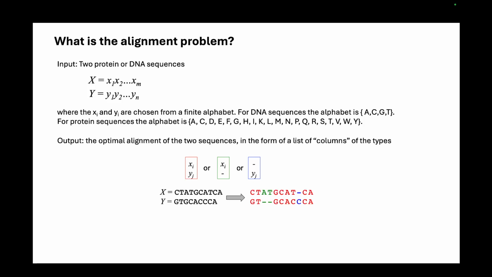Defining the alignment problem: say you have two sequences, protein or DNA, x1, x2 up to xm, and y1, y2 up to yn. You want the optimal alignment of the two sequences in the form of a list of columns. So if x is this and y is this, this might be your optimal alignment.